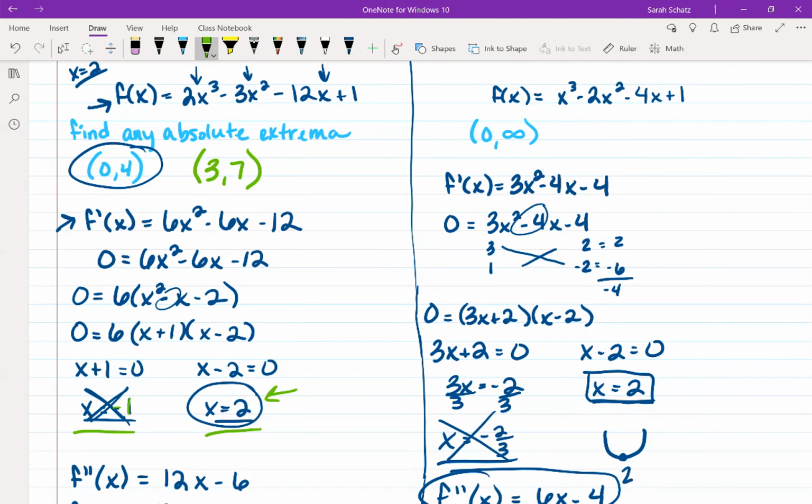First of all, you wouldn't have to test any critical points because they're not in your interval. And you guys, if there's no critical points in your interval, there's no absolute extrema. It doesn't happen that often, but because I don't know exactly which problems you're going to get, just FYI, if you find your critical points and none of them are in here, there's just none. Remember, because your endpoints, you can't consider those anymore. So it's all about critical points.